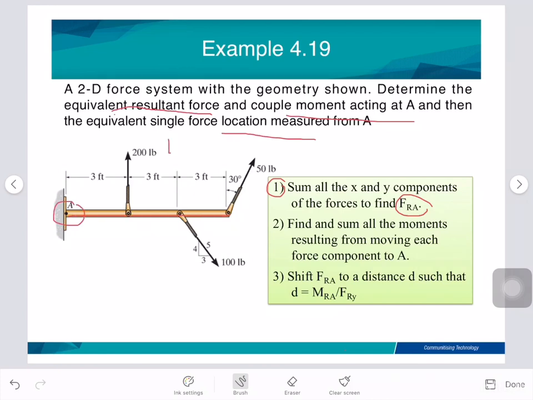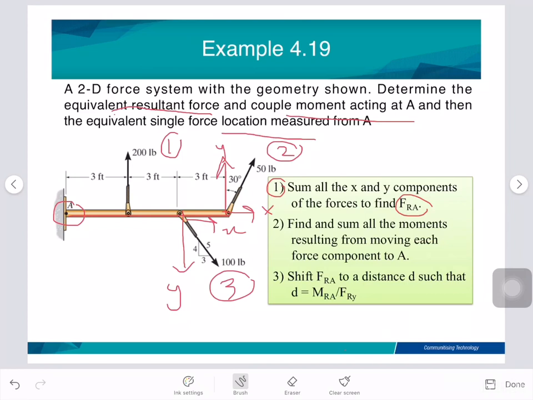So number one, the force is already vertical, right? Number two, is the force coplanar? If coplanar, what should we do? We need to resolve into Y and X. Force 3 is also coplanar, so we need to resolve into Y and X. Right, that is number one.